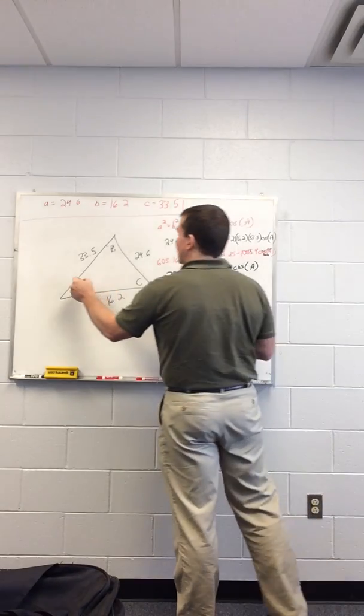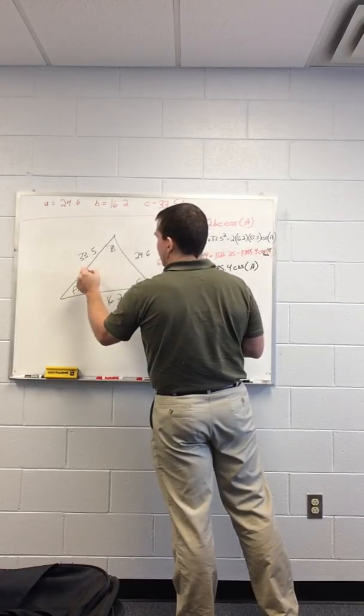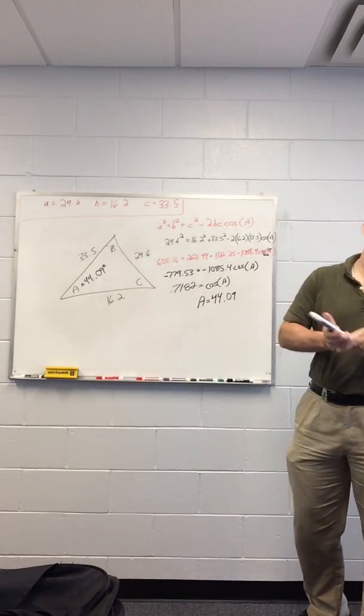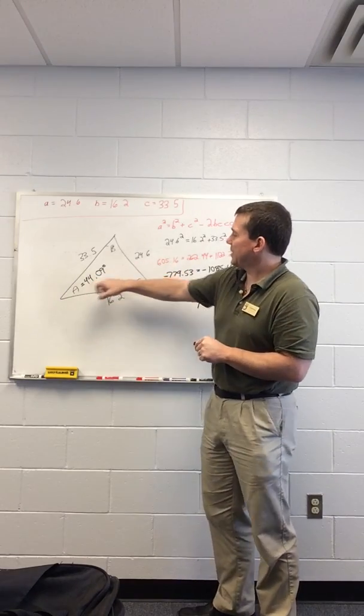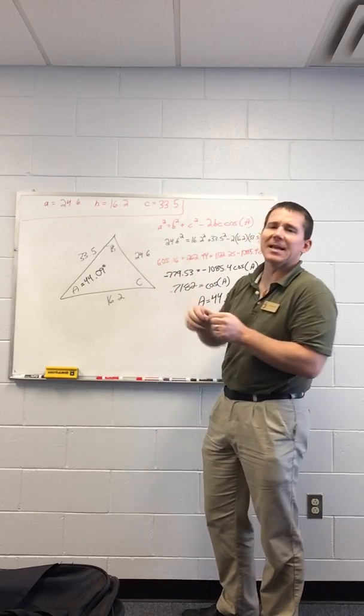And apparently my angle A then is 44 degrees. Now from there, I have a ratio between this angle and this side, so I can just use the law of sines to get angle B, and then I can easily get angle C.